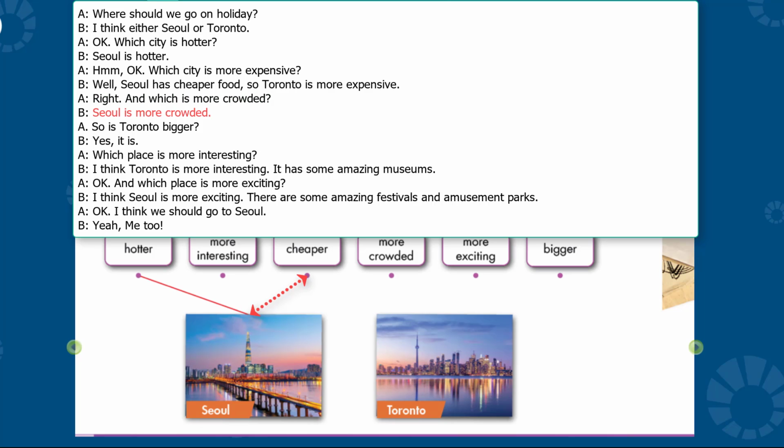Seoul is more crowded. So is Toronto bigger? Yes, it is. Which place is more interesting? I think Toronto is more interesting. It has some amazing museums. Okay. And which place is more exciting? I think Seoul is more exciting. There are some amazing festivals and amusement parks. Okay. I think we should go to Seoul. Yay, me too.